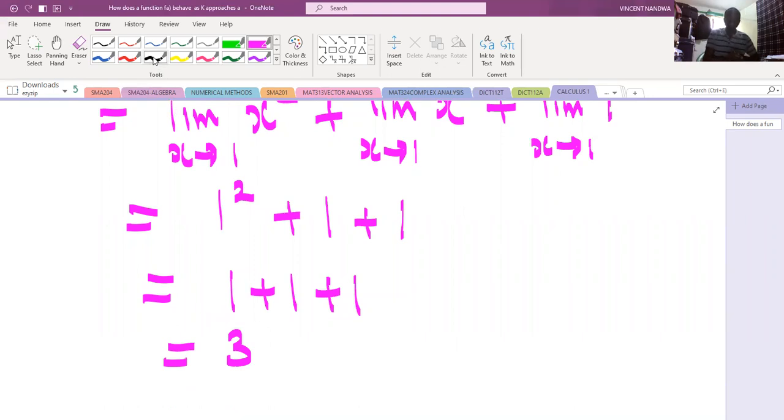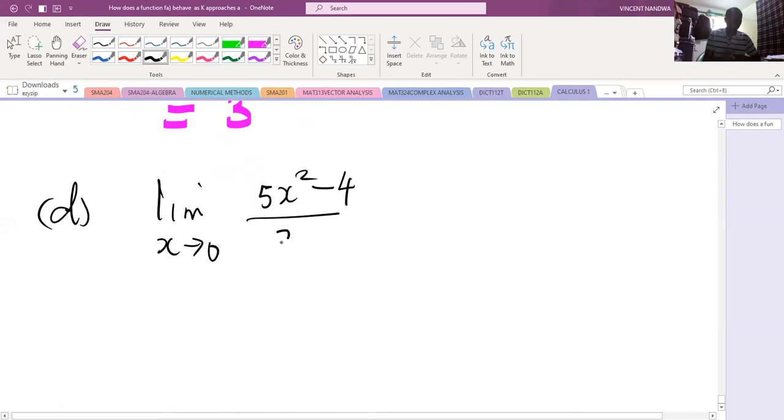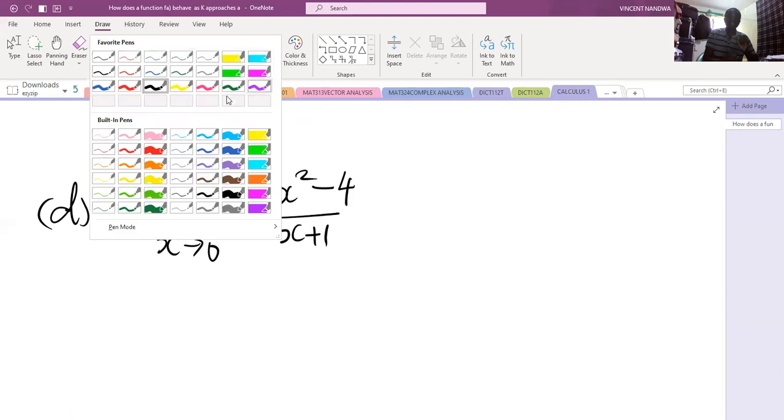And then next example, say D. So limit as x approaches 0 of 5x squared minus 4 over x plus 1. So I said before you start struggling with either factorization or division, do direct substitution first.